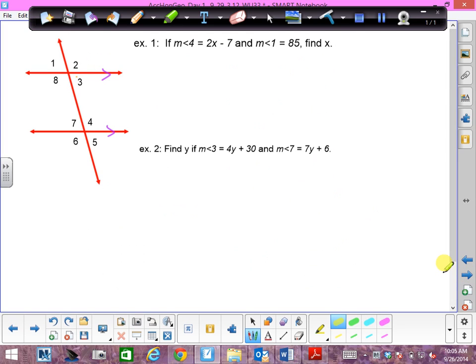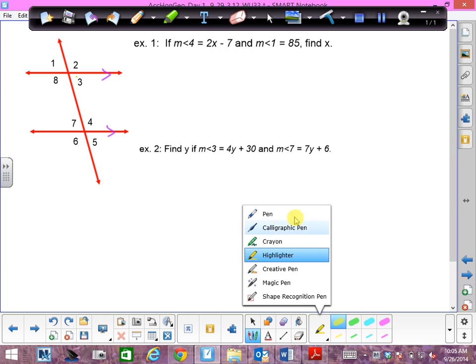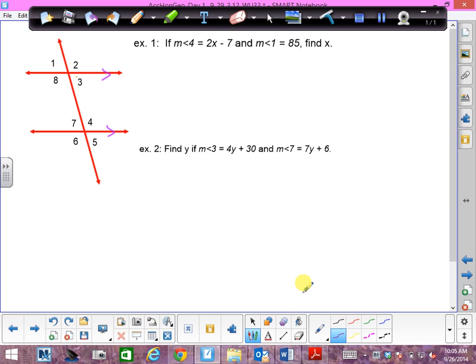All right, so we're going to find x for this first example. So we know that angle 4's measure is 2x minus 7. And remember those purple lines that are on the two lines tell us that they are parallel.